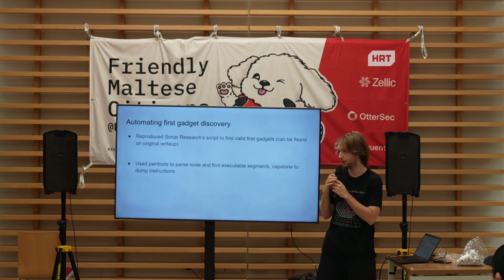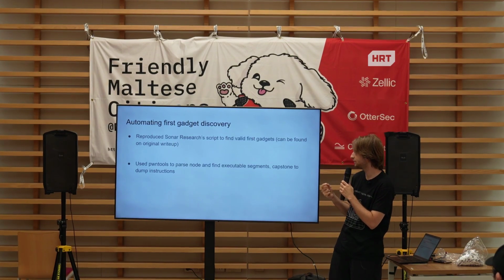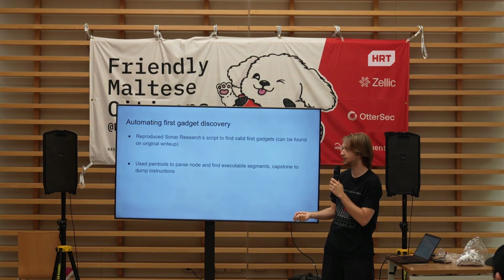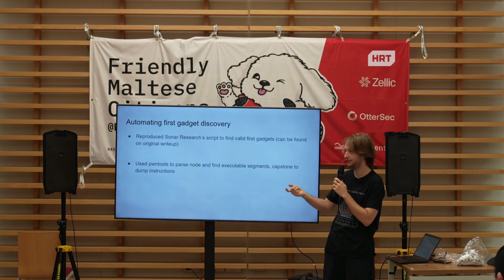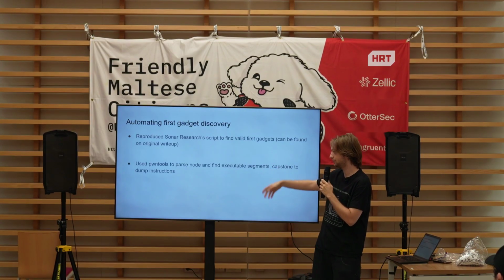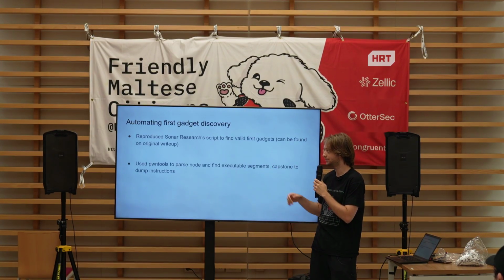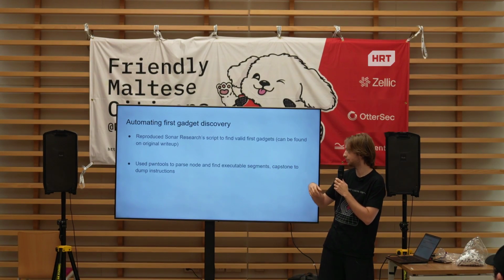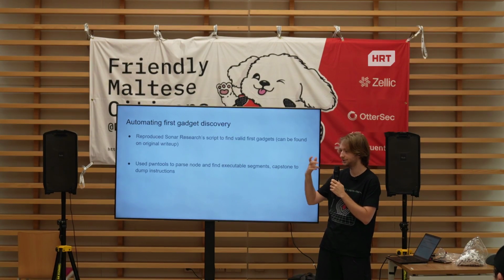To automate the discovery of the first gadget, because it's kind of specific, Sonar Research spent a good part of their write-up on how to do it, rather than on the actual exploit development. So I reproduced what they did. I'm not going to show the code because it would take a bit too much time, but essentially I used pwntools to parse Node and find all the executable segments.